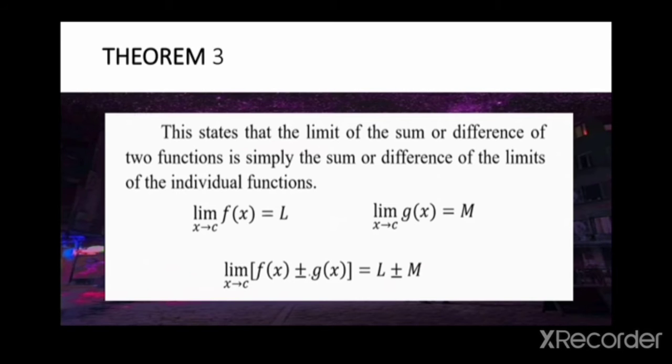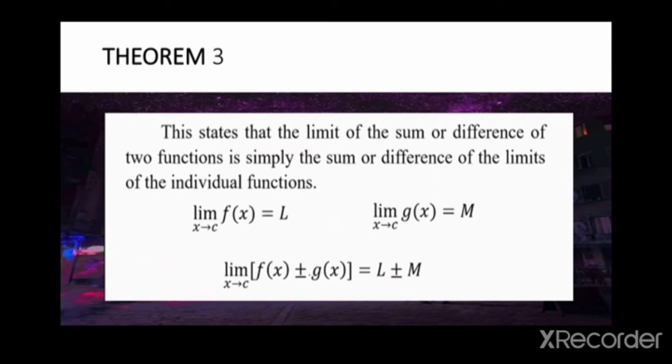For example, we are given the limit of f of x as x approaches c equals L, and the limit of g of x as x approaches c equals m. Then, the limit of the sum or difference of these two functions is denoted as the limit of f of x plus or minus g of x as x approaches c equals L plus or minus m.